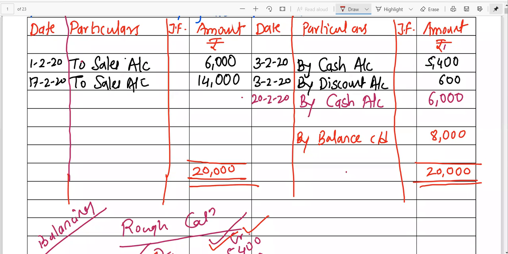Can anybody tell me? 29th of Feb 2020, as 2020 is a leap year. Are you getting me? 2020 is a leap year, so we have 29 days in Feb. You have to write the last date in the month.